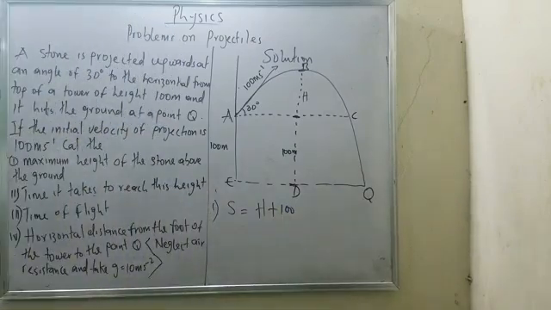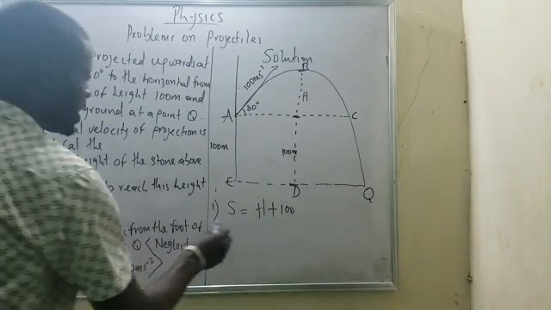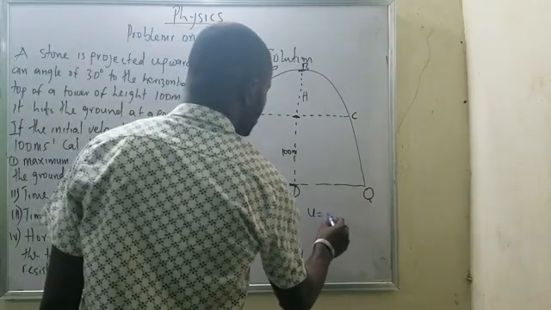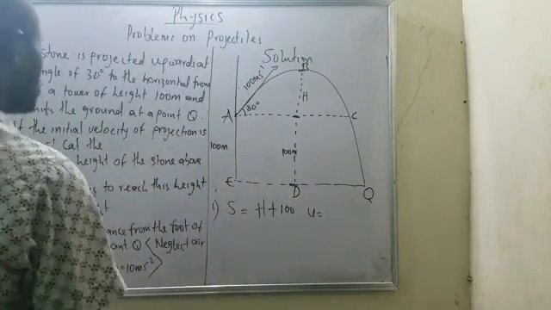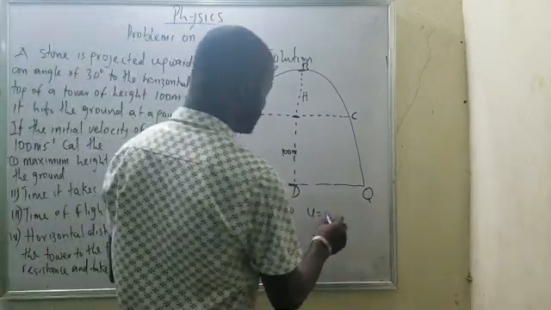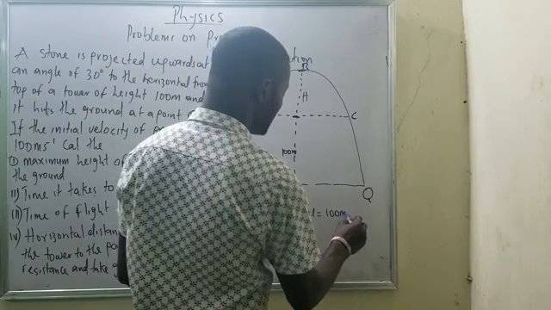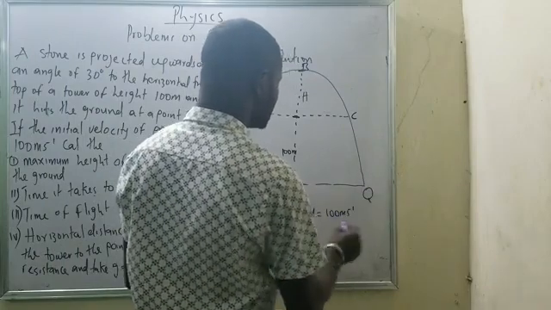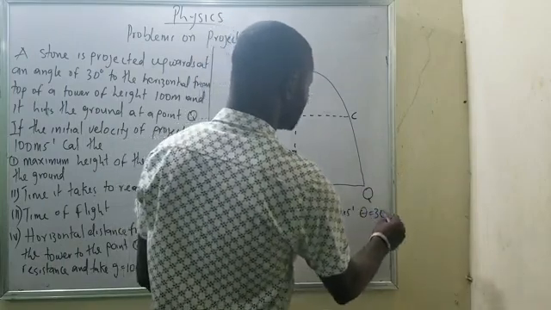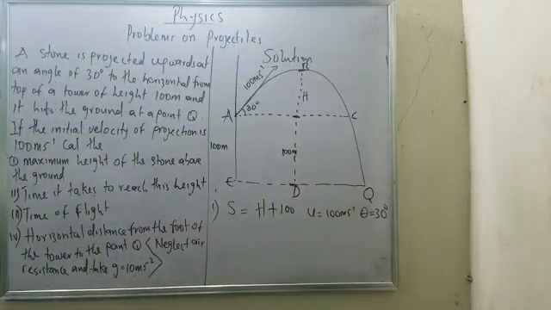How will I get that? Don't forget that my u, which is my velocity, is 100 meters per second, and my theta is 30 degrees.